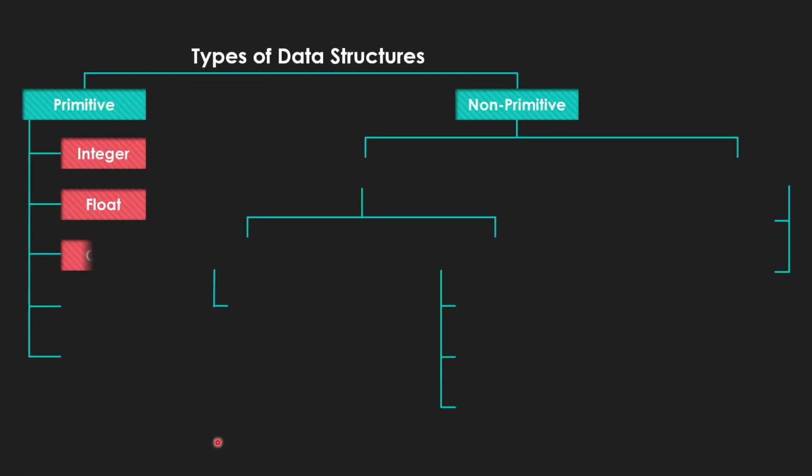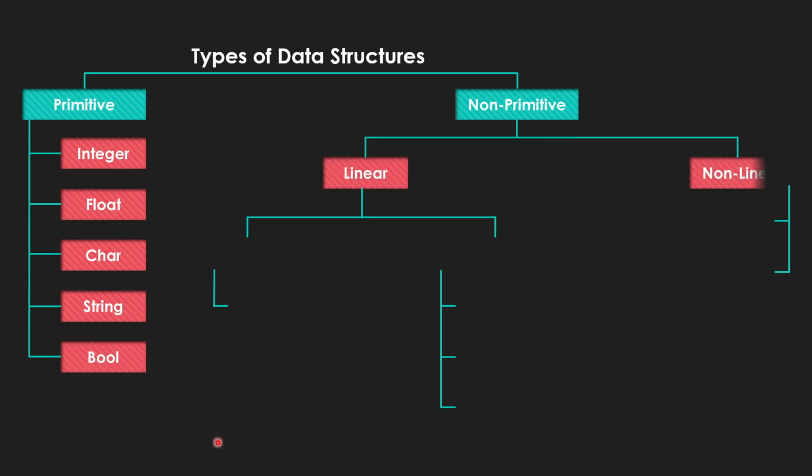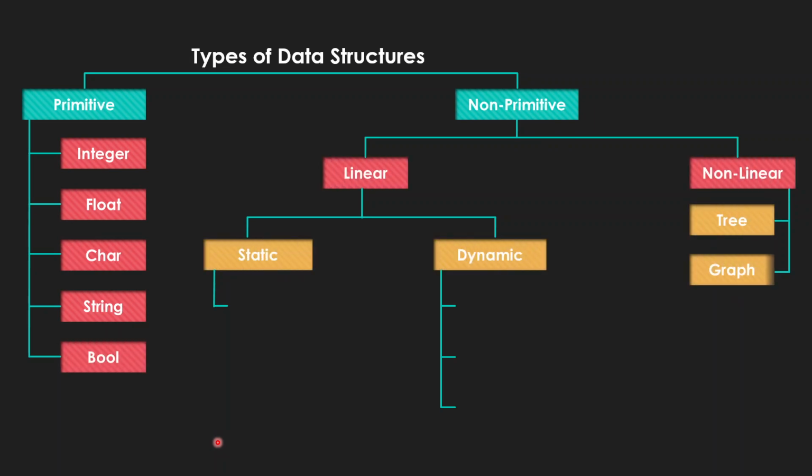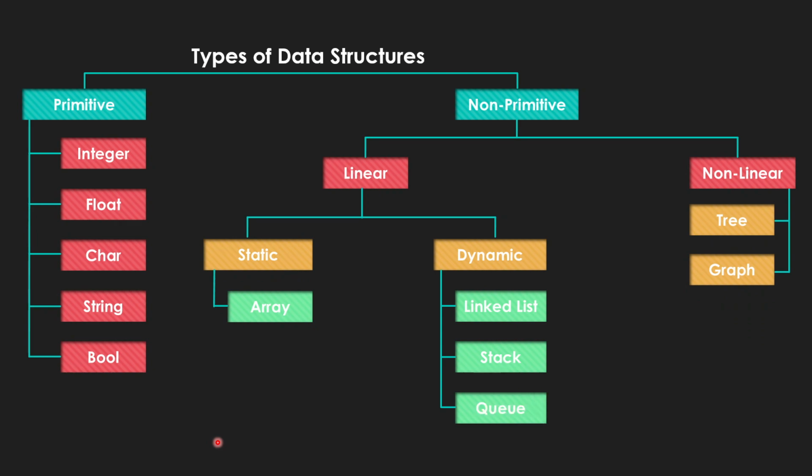So just as a reminder, where does the stack lie in this particular tree of different data structures? Indeed, you can see that it's a non-primitive or abstract data type. It's also a linear data structure, you can see here. And it's a dynamic data structure, meaning you can increase the size.